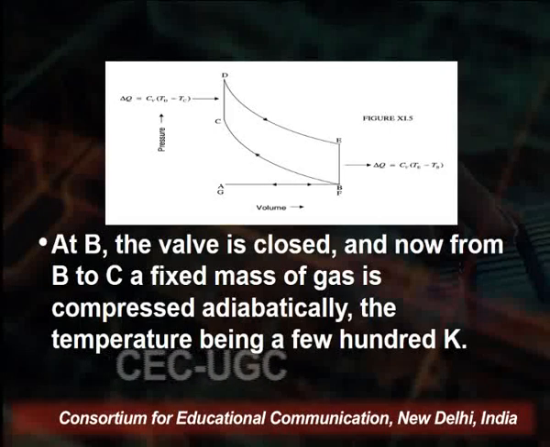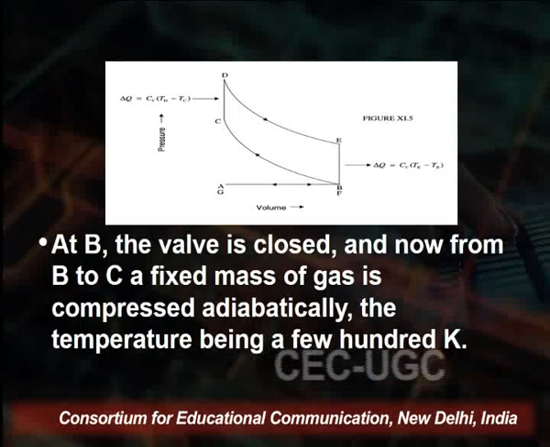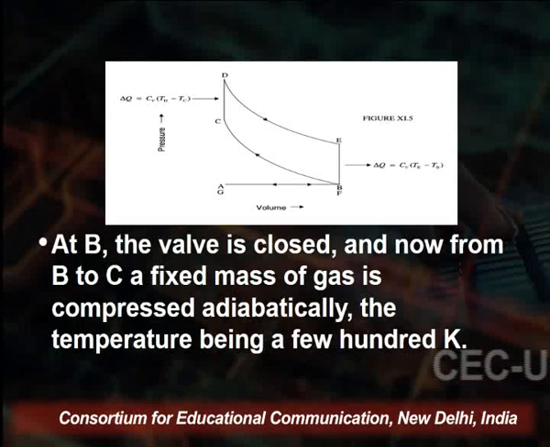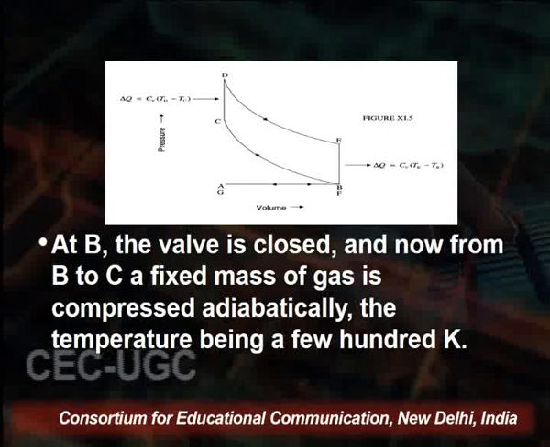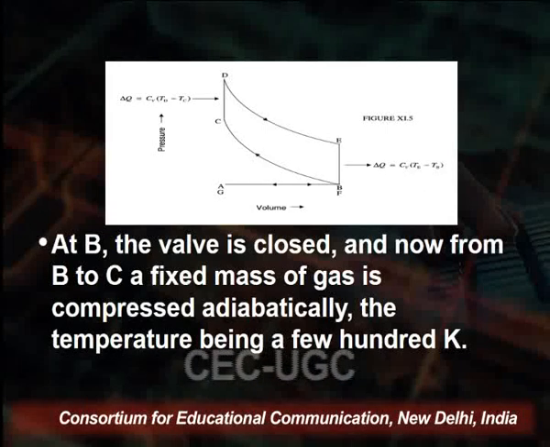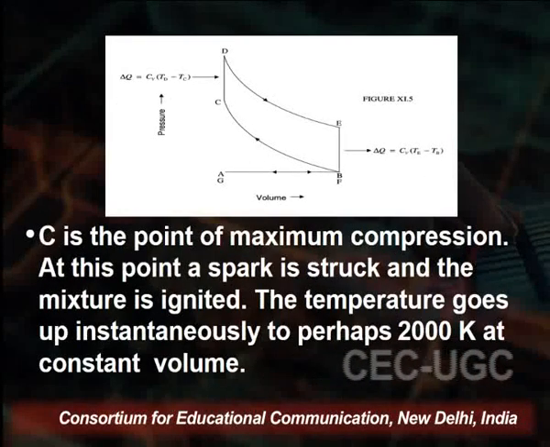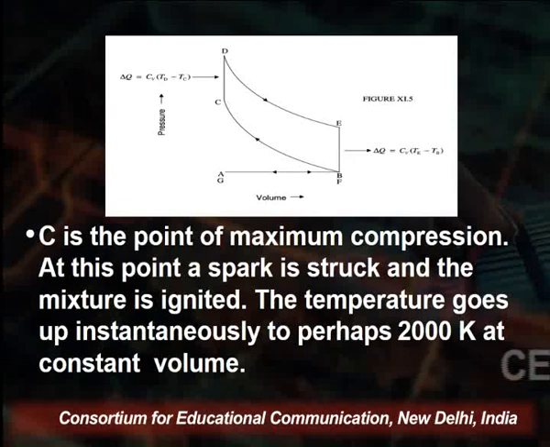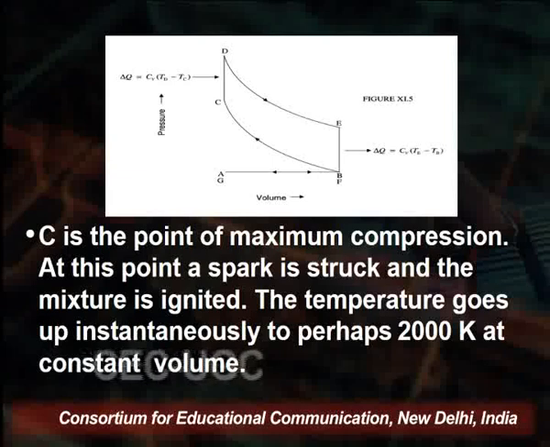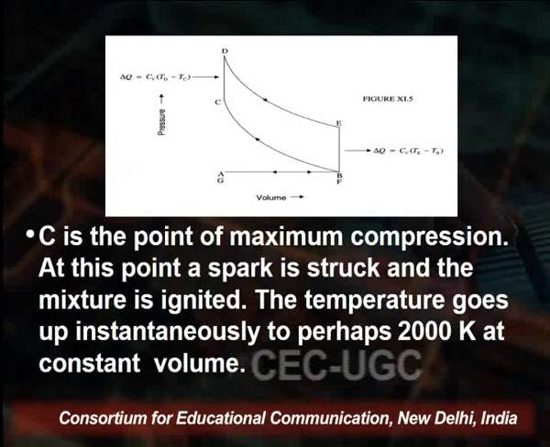The valve is closed, and from B to C, a fixed mass of gas is compressed adiabatically, the temperature being a few hundred kelvins. At C, maximum compression takes place and a spark is struck, an ignition spark.